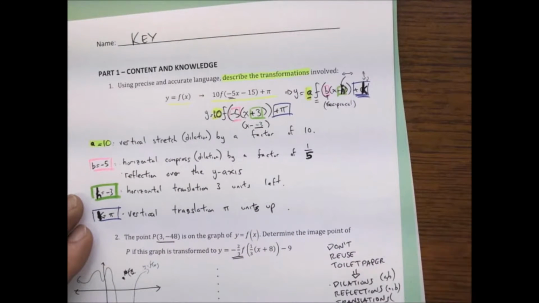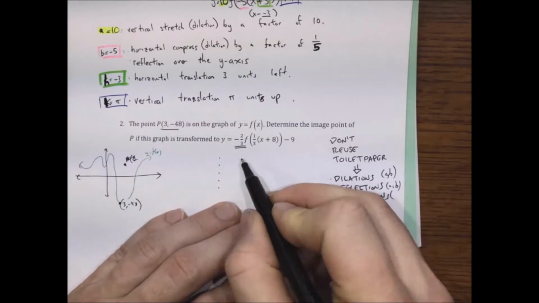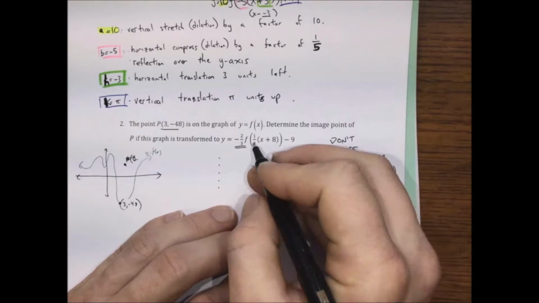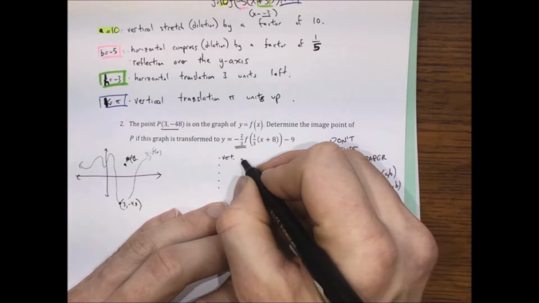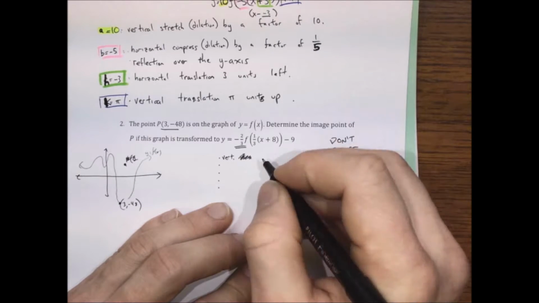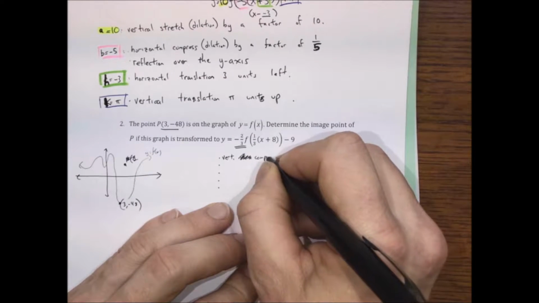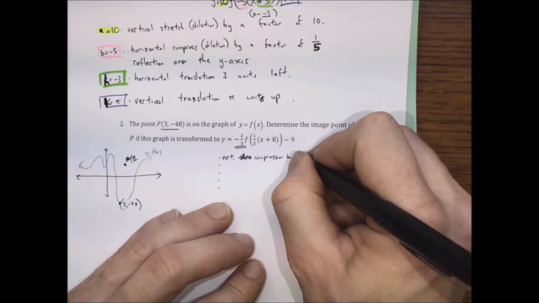So I'm going to try to list my dilations first. Okay, so the first dilation I see is that I have a 2/3 here. That means I have a vertical stretch or compression by 2/3.